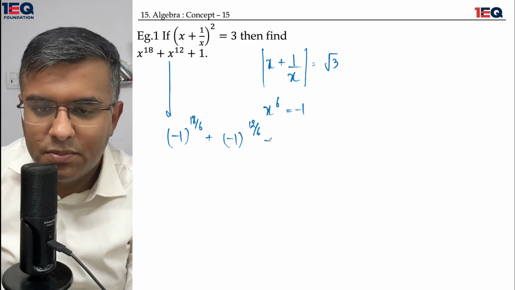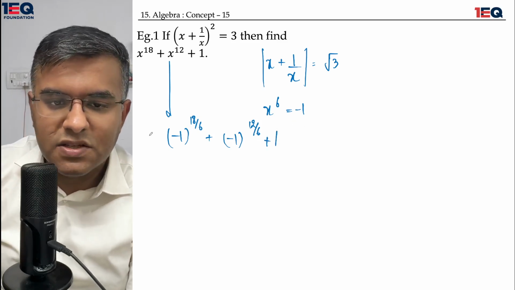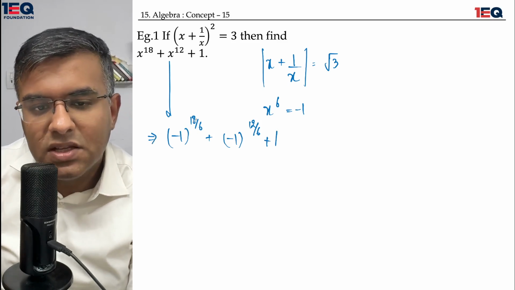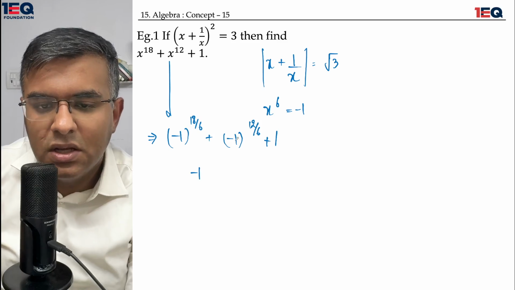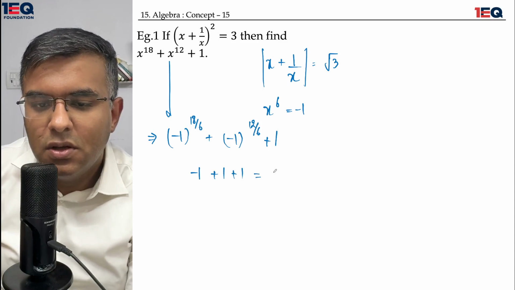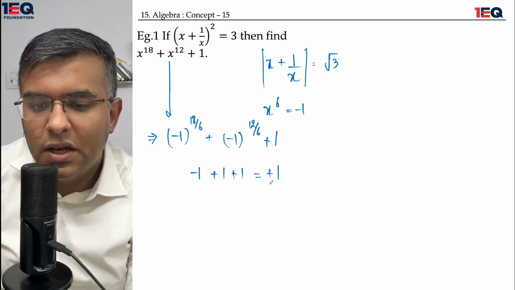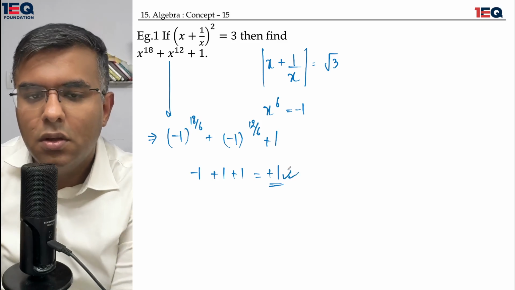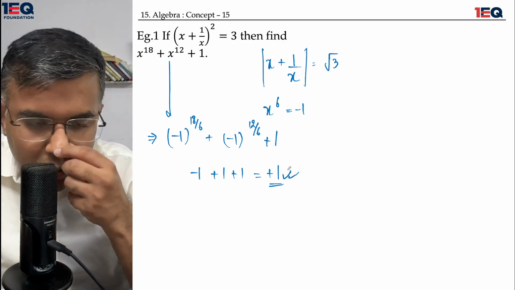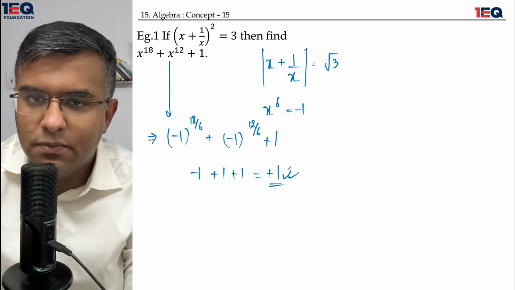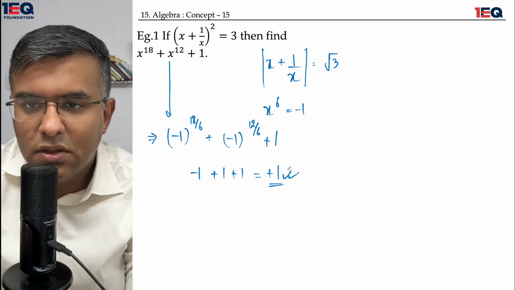So I'll have to divide the powers which are available to me. Plus 1. So minus 1 cube is minus 1. Minus 1 square is plus 1. Another plus 1. So my final output comes out to be plus 1. Sorted. Let's move ahead.